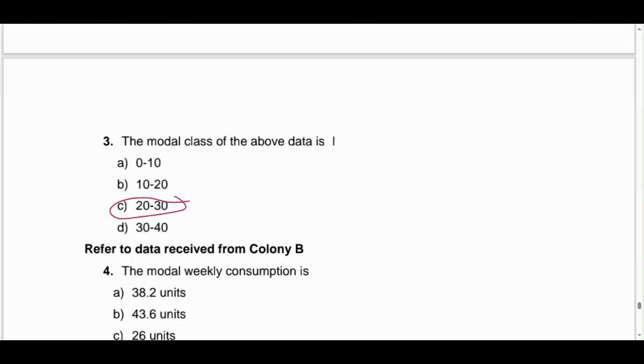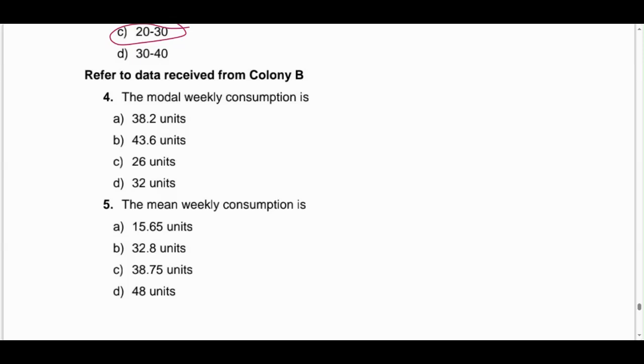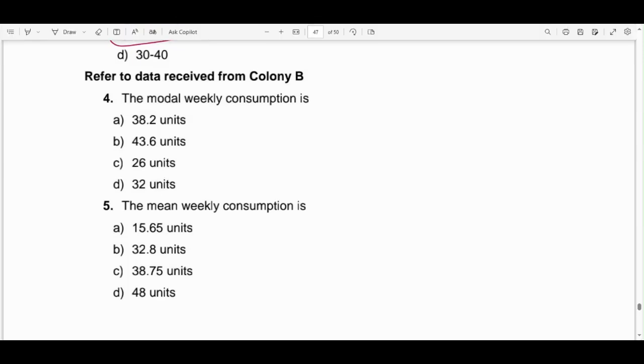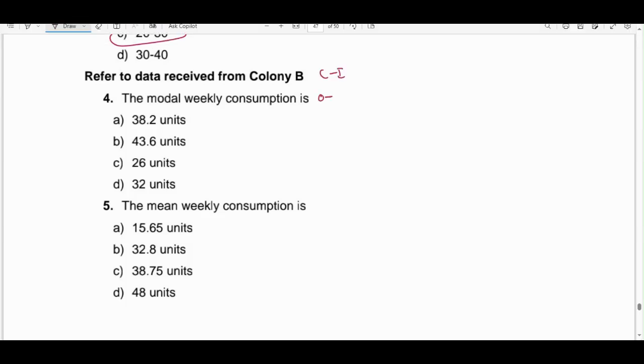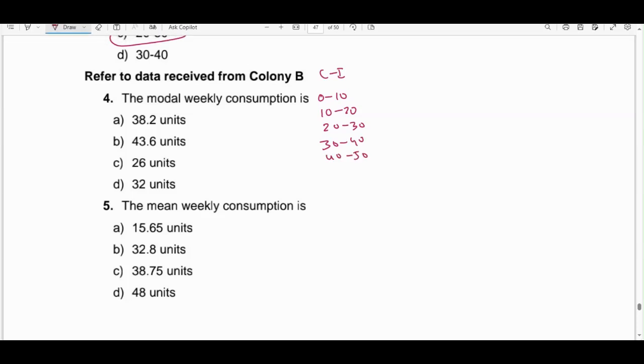Then for column B, we have to find the modal weekly consumption. What is modal weekly consumption? For the next one, you again have to find the same thing. The class intervals they have given are 0 to 10, 10 to 20, 20 to 30, 30 to 40, 40 to 50, 50 to 60.